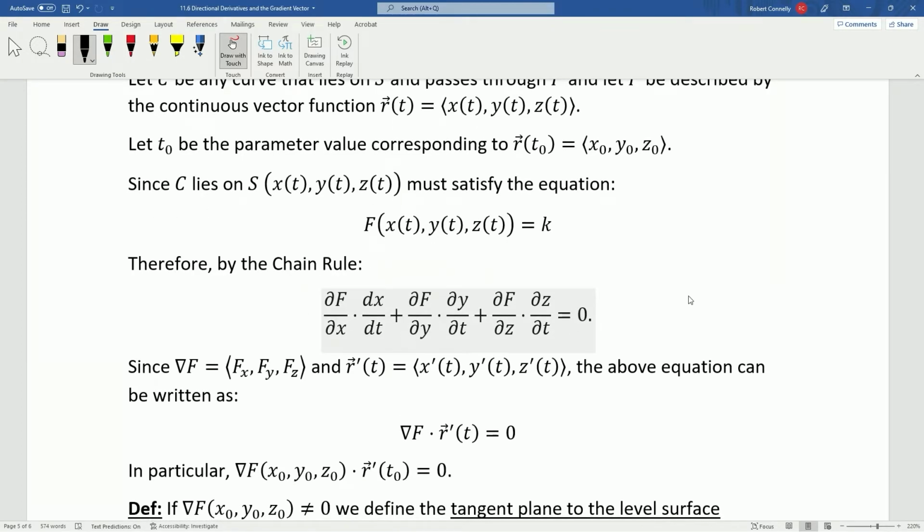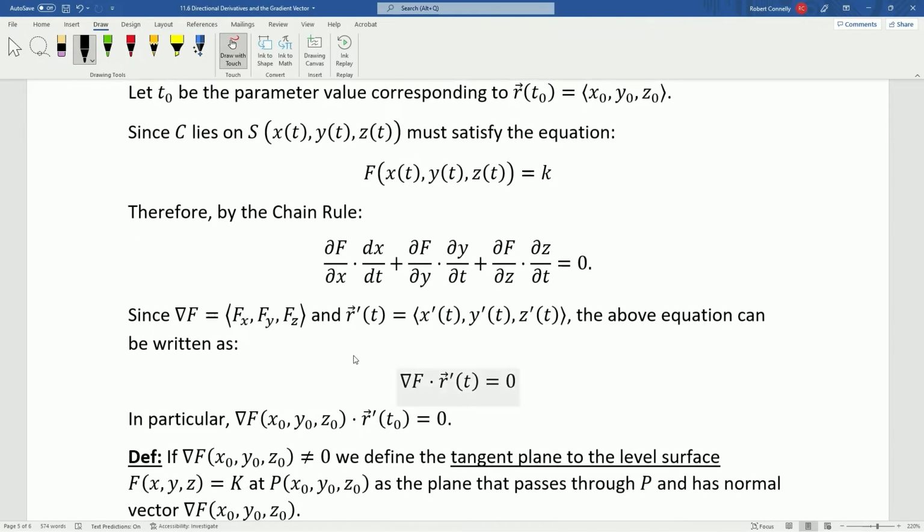So what does this look like? Well, this looks like exactly the gradient of f dotted with the derivative of r, r being the parametric vector equation describing our curve. So if we take the dot product of those things, that gives us the derivative of f with respect to t along that curve.